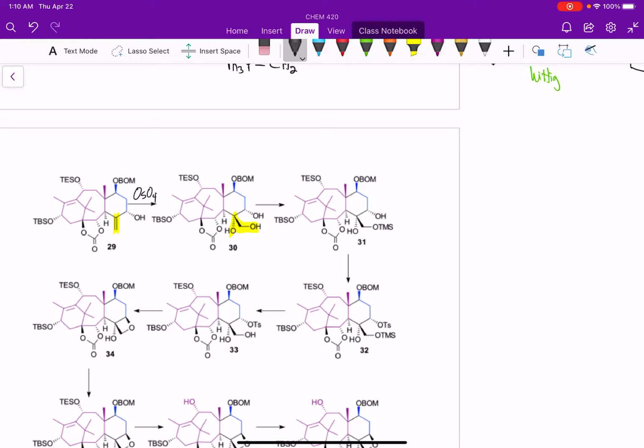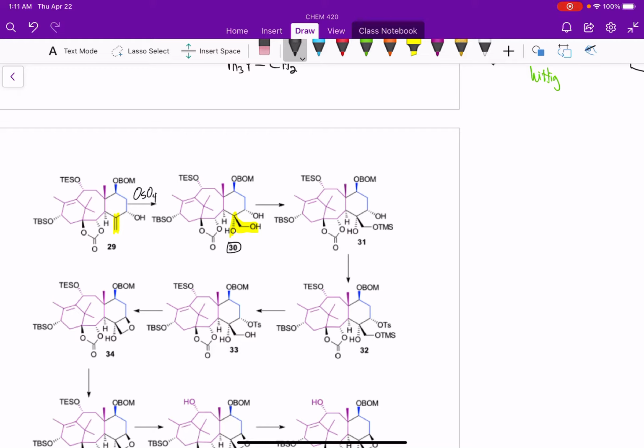Next, in the next couple steps, starting from 30, we're really going to be working on forming the D ring, right? Forming this D ring here. This chemistry is not that difficult because we can take advantage of the fact that we have a primary alcohol, a secondary alcohol, and a tertiary alcohol, and we can react these at different times.